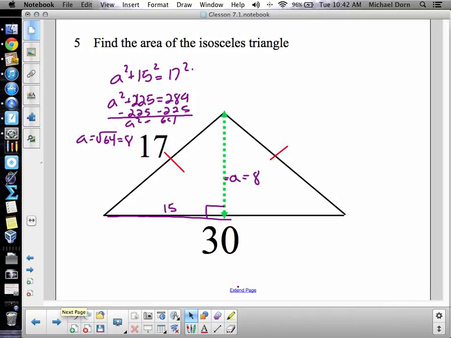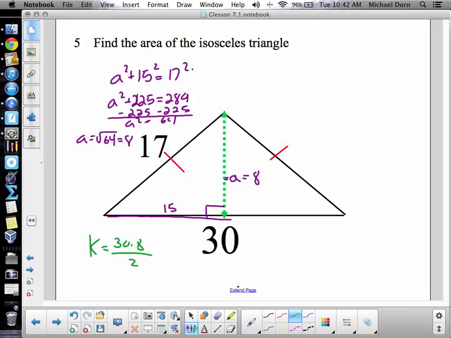Now I find the area of the triangle, which would be base times height divided by 2. So that's 240 divided by 2, or 120 units squared. Whatever the unit would be: inches, centimeters, meters, miles, whatever.